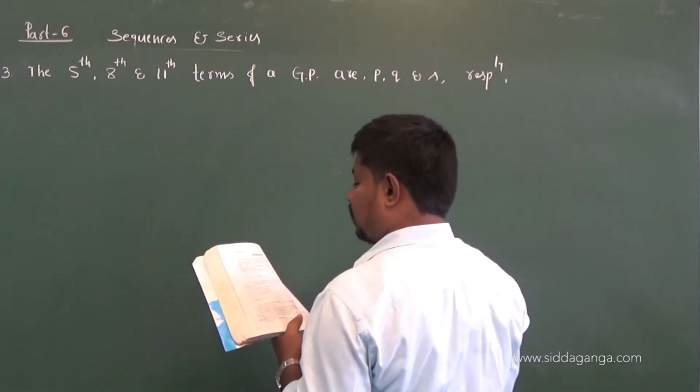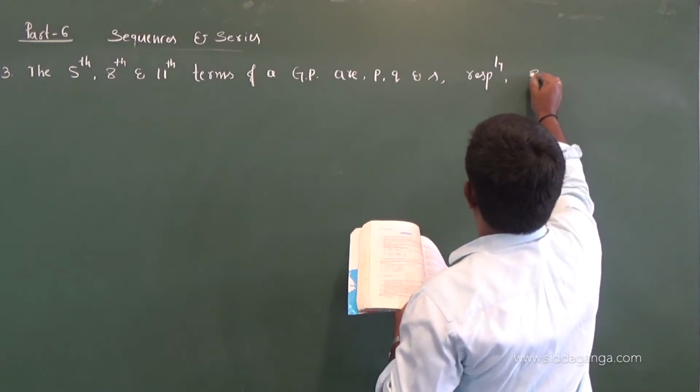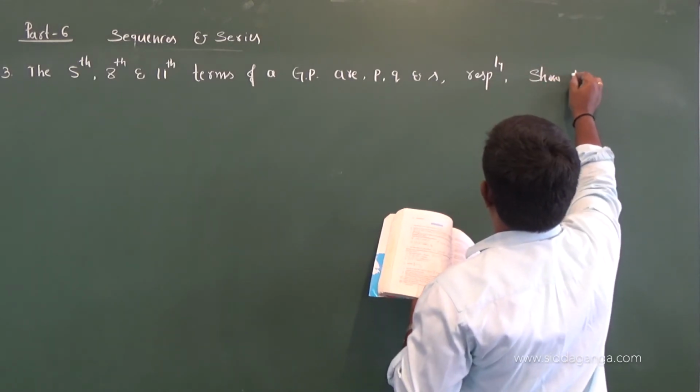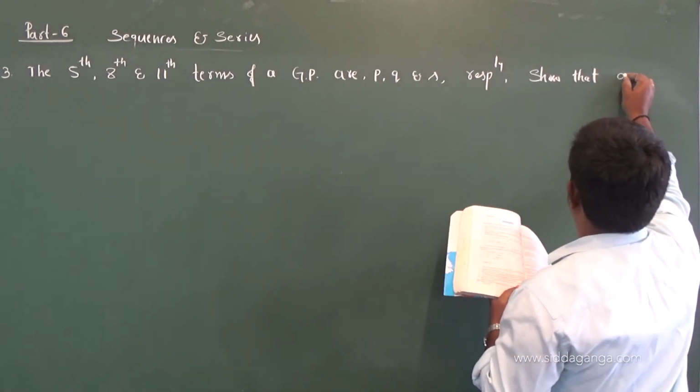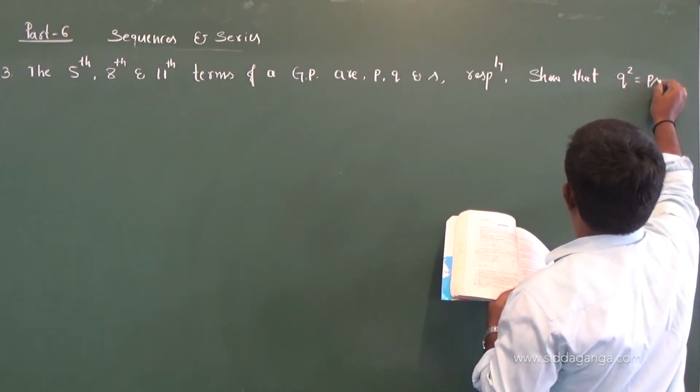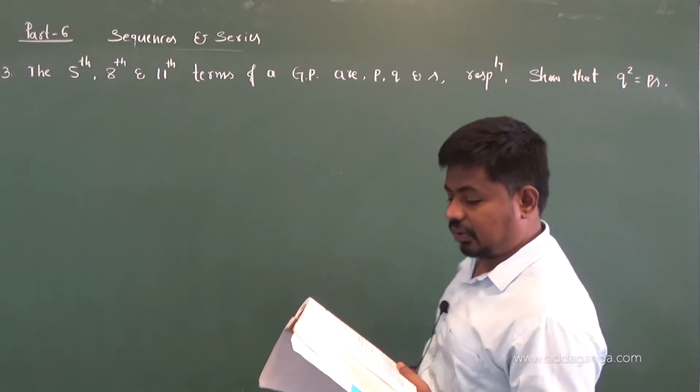Show that Q square is equal to PS. Q square is equal to PS, a simple one.